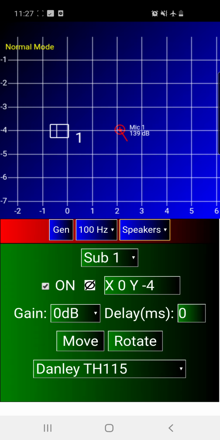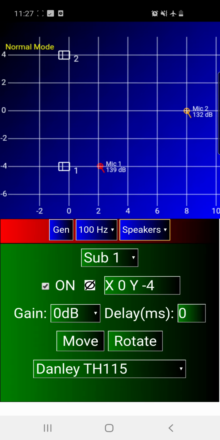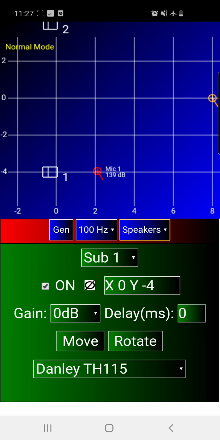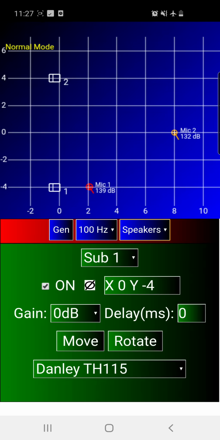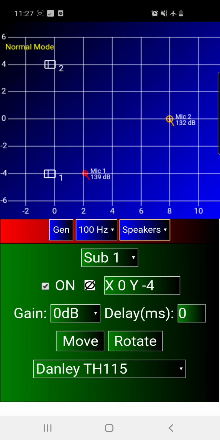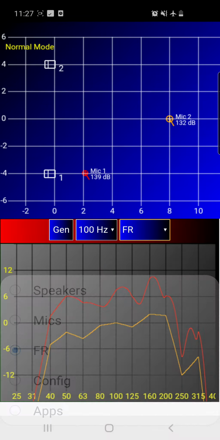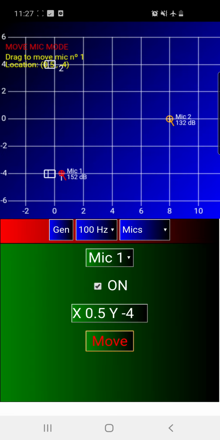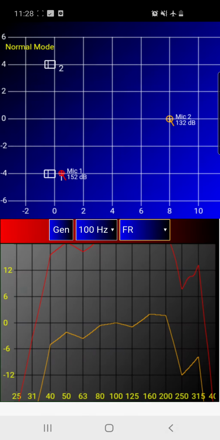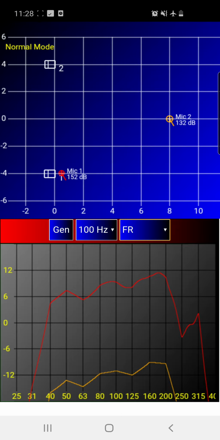We are near to that one, so the sound coming from sub number 1 is much stronger than what it gets from speaker number 2. If we go with the microphone very near, we will see, of course, a really high frequency response.